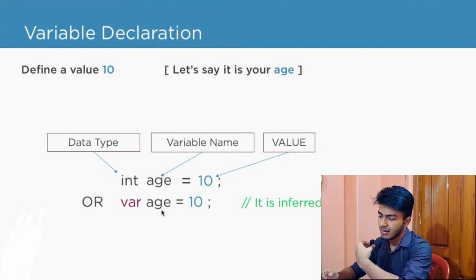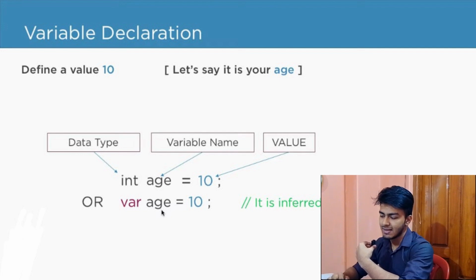We use the keyword int followed by the variable name, equal to the value, and then the semicolon. Perfect. Here 10 is the value, age is the variable name, and int is the data type.